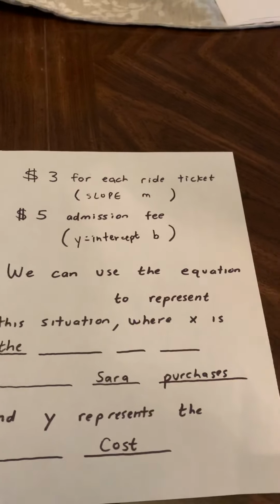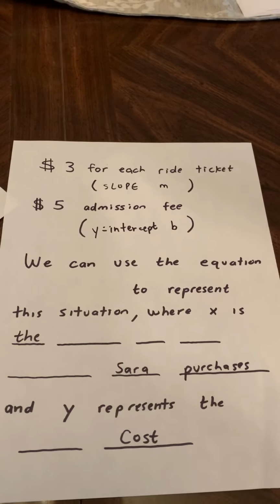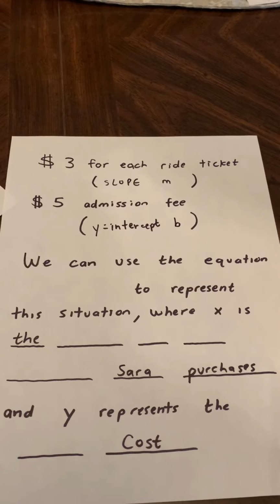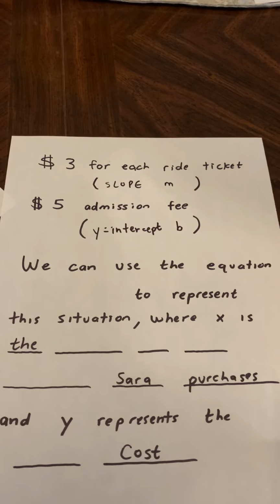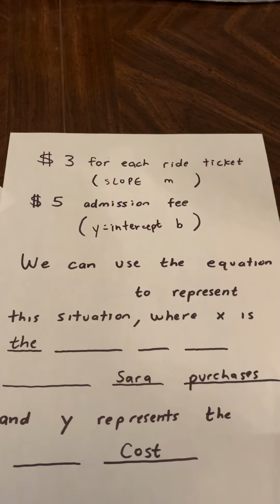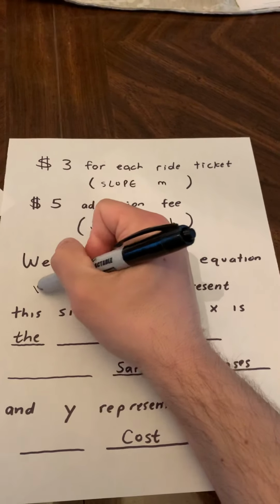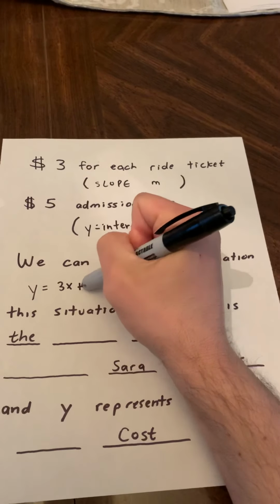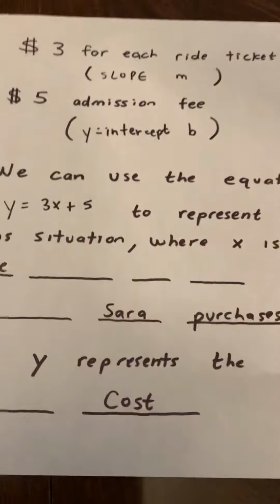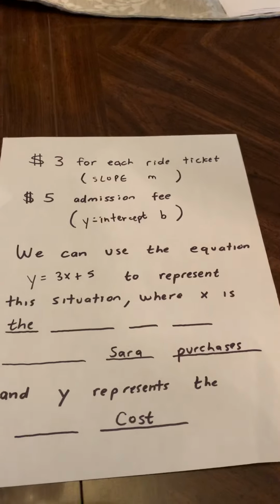Okay, now putting this together, we can make an equation. Since our slope is 3 and our admission fee 5 is our y-intercept, we can use the equation y equals 3x plus 5 to represent this situation.